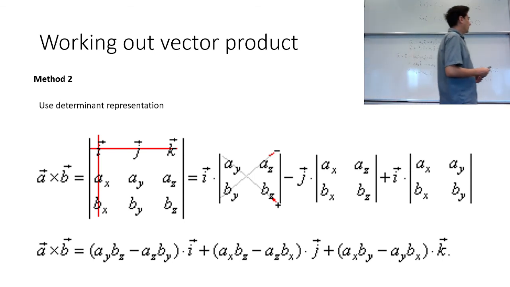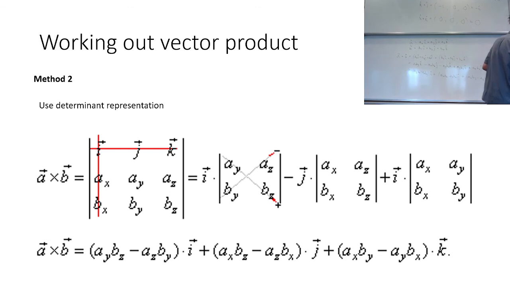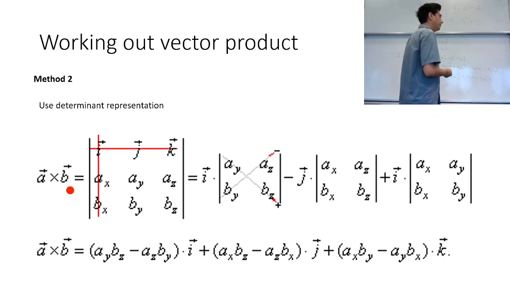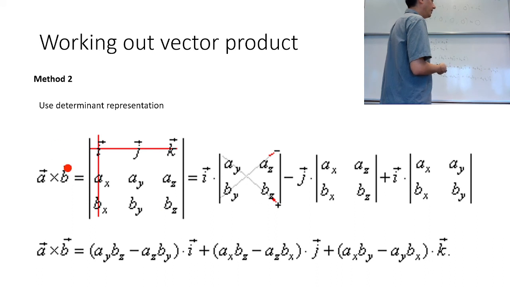So in the determinant way of calculating it, essentially you construct a matrix that looks like this. The first row is just i j k always. So you just always put i j k there. Second row, you put the first vector. And in the third row, you put the second vector in the product.